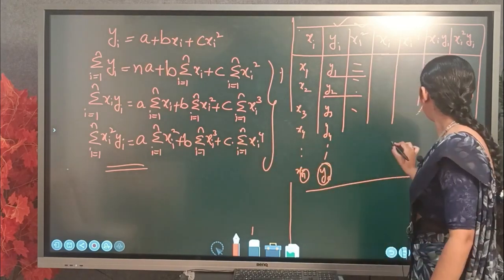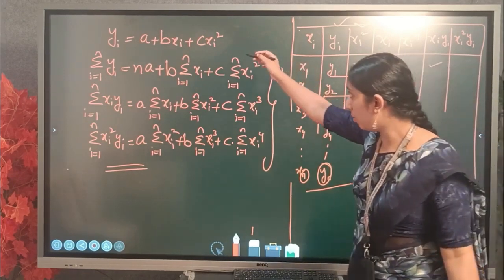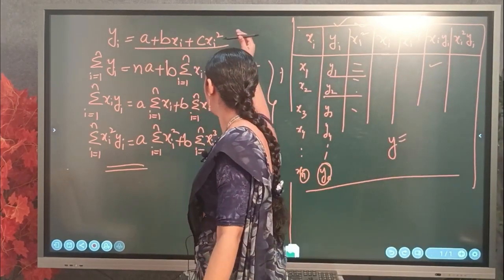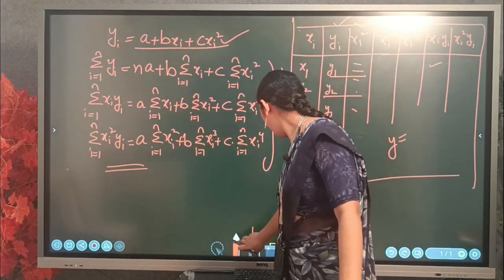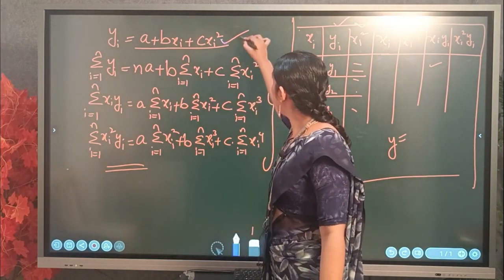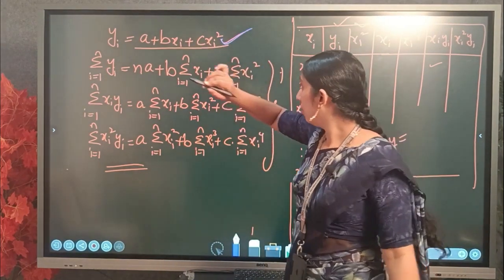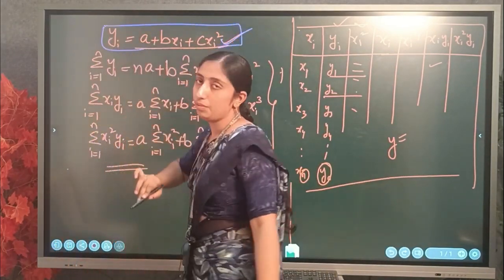And you have to put these values in what we have already considered earlier: y is equal to a plus bxi plus cxi square. This is the parabola we had earlier. So this parabola will be the required parabola for our problem.